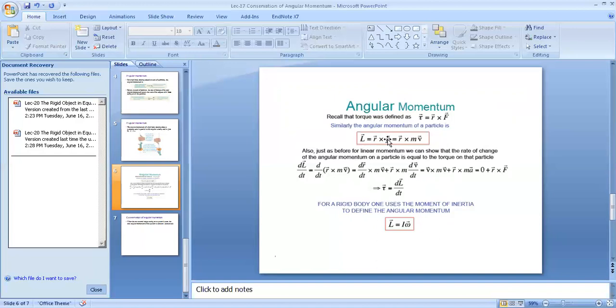Here p is linear or translational momentum and L is angular momentum, and p being equal to mv, we can have this side equal to r cross mv.